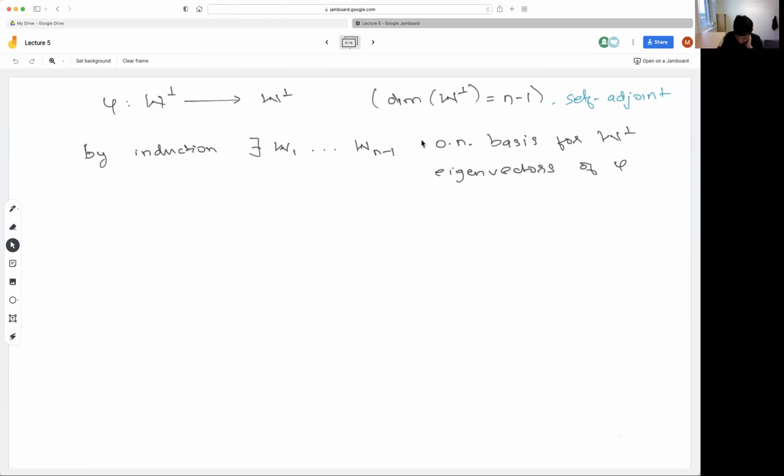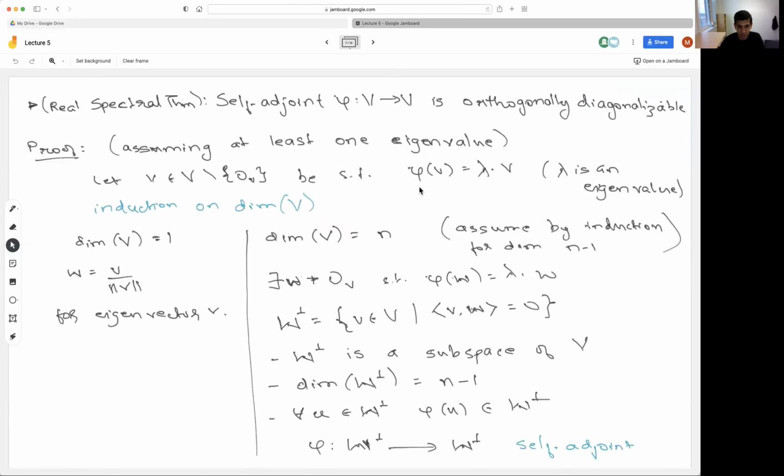Okay, and if that is the case, then now take the union. So now look at the set W1 to Wn-1 and add this new vector W, maybe normalized to length 1. These are all eigenvectors because W was an eigenvector to begin with. That's how we started the induction. W was some vector which was an eigenvector of phi.